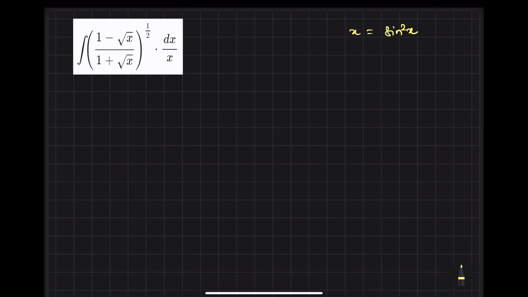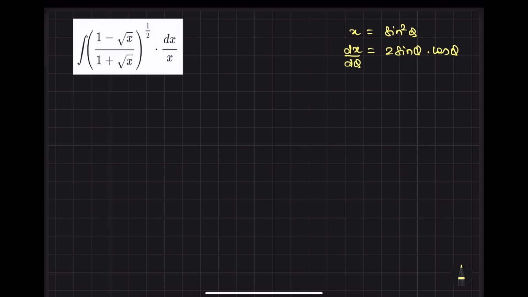I'll be taking sin square theta, okay, not x. Now differentiate with respect to theta. So dx by d theta is equal to 2 sin theta cos theta. Okay, so you can find out the value of dx.